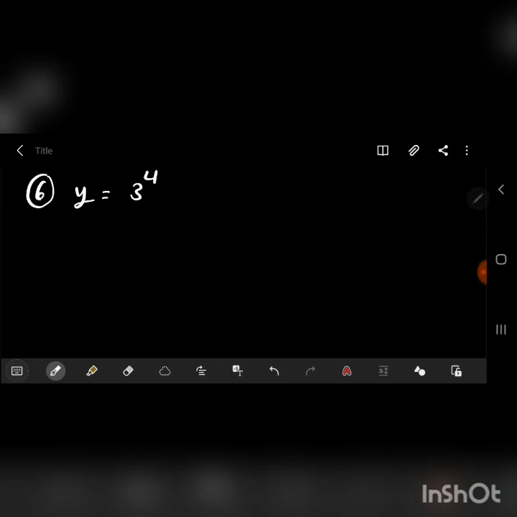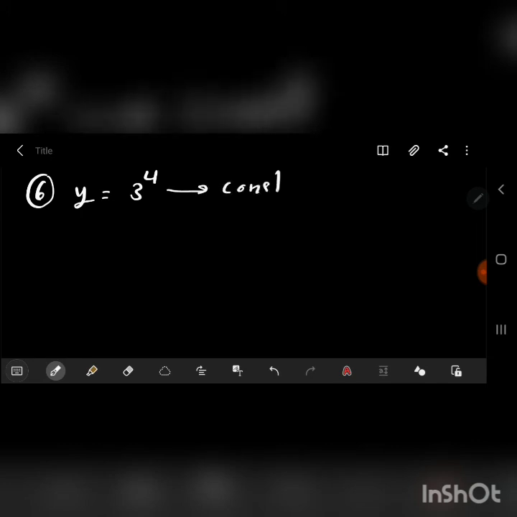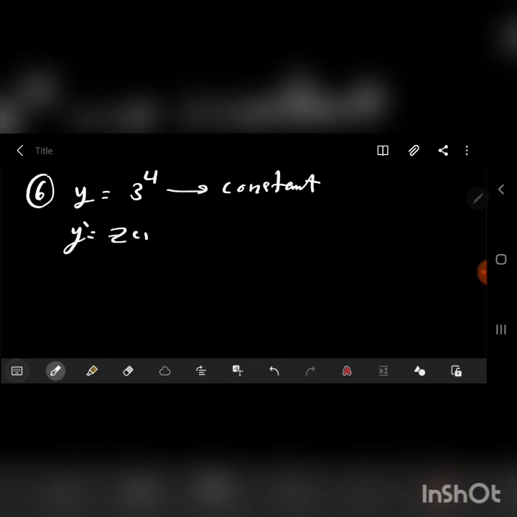Think about it. 3 to the power 4 is a constant. So any constant, its derivative is 0. Any constant, its derivative is 0. So 3 to the power 4 is a constant.